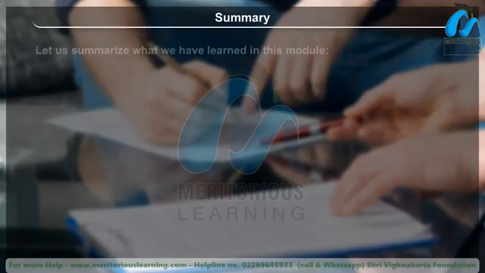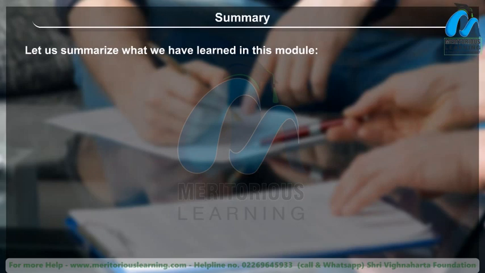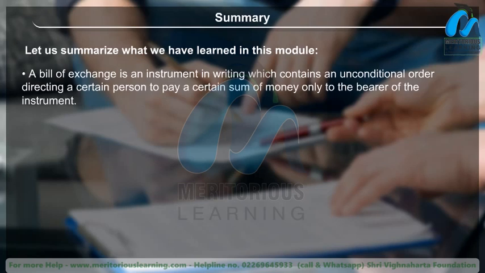Summary. Let us summarize what we have learned in this module. A bill of exchange is an instrument in writing which contains an unconditional order directing a certain person to pay a certain sum of money only to the bearer of the instrument.